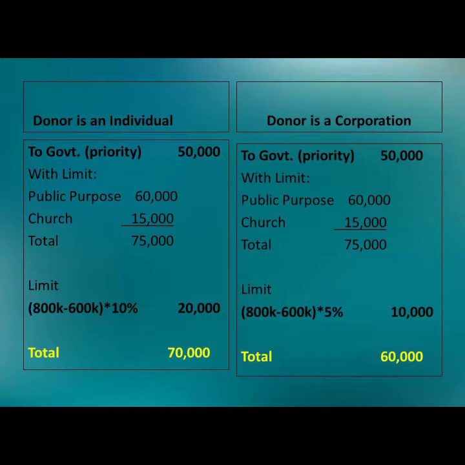But we have to set the limit first: 800,000 minus 600,000, but this time we multiply it by 5% because it is a corporation. Therefore, the total is 10,000. The smaller is still the limit, which is 10,000. So the total deductible charitable contributions if the donor is a corporation is 60,000 all in all.